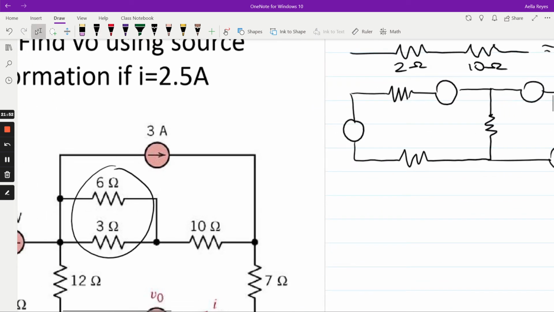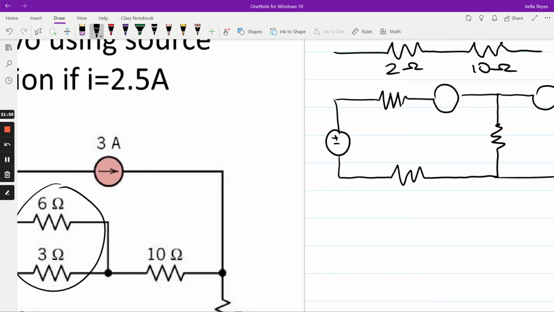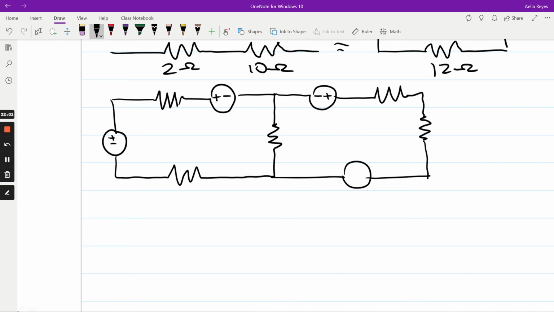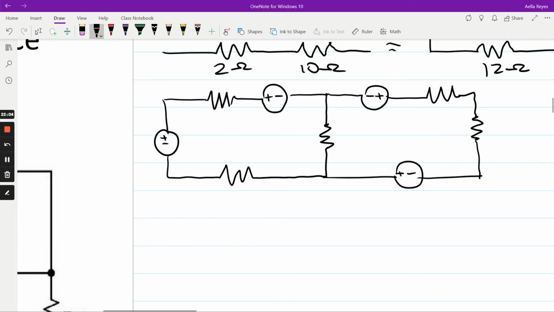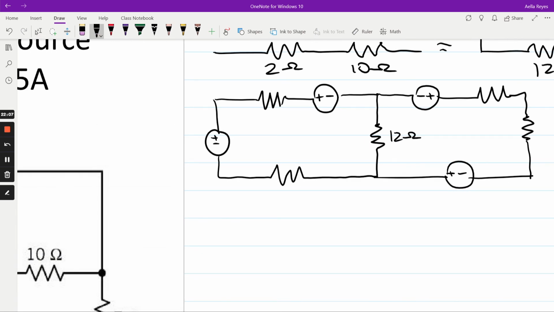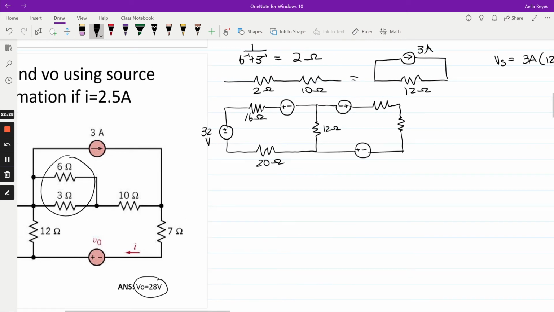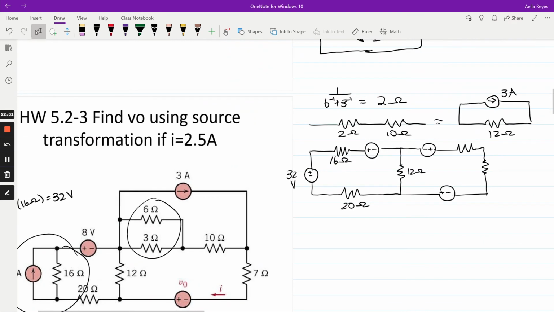Okay, let's put all the signs in. So this was the 36 volts, I'm so sorry, this one was the 32 volts. This is in series with the 16 ohms because we just source transformed it. This is the original 20 ohm resistor. This is the original 8 volt source.